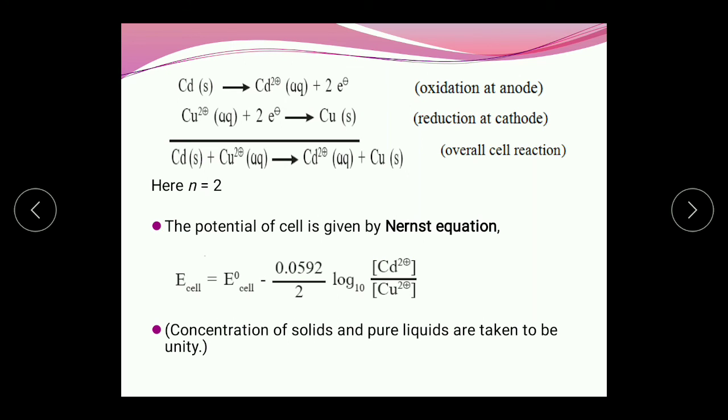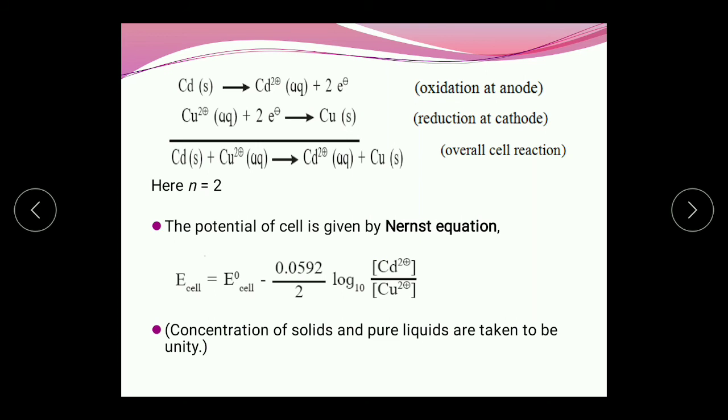E cell equals E0 cell minus 0.0592 divided by 2 into log to the base 10 of concentration of Cd+2 divided by Cu+2. Because in the numerator there will be the product of concentrations of products divided by the product of concentrations of reactants.